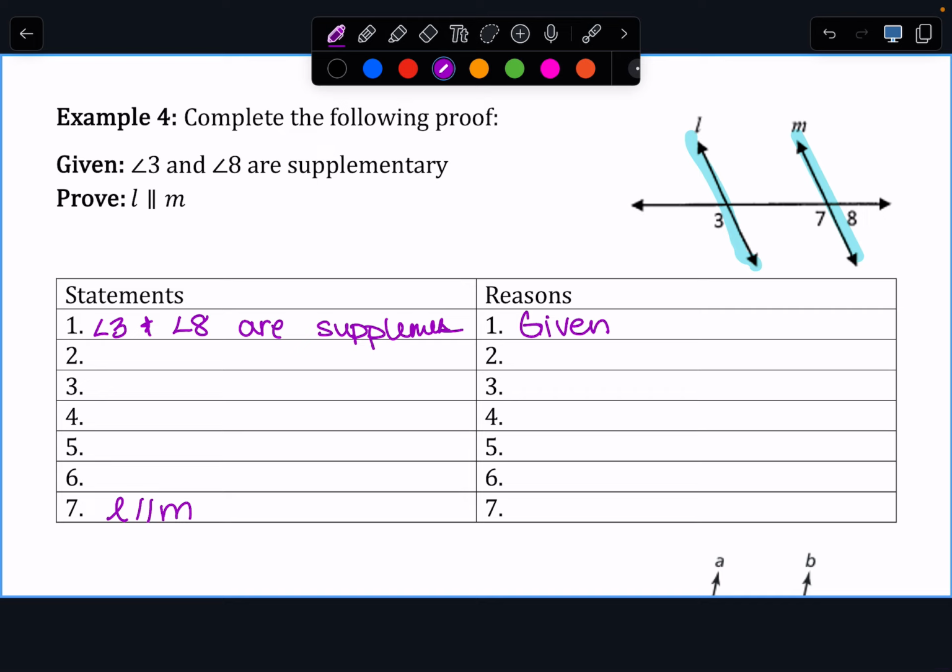Right now I have 3 and 8 are supplementary. Do we have to do the measure of angle 3 plus the measure of angle 8 is 180? I think that's a good idea. And what would be our reason?